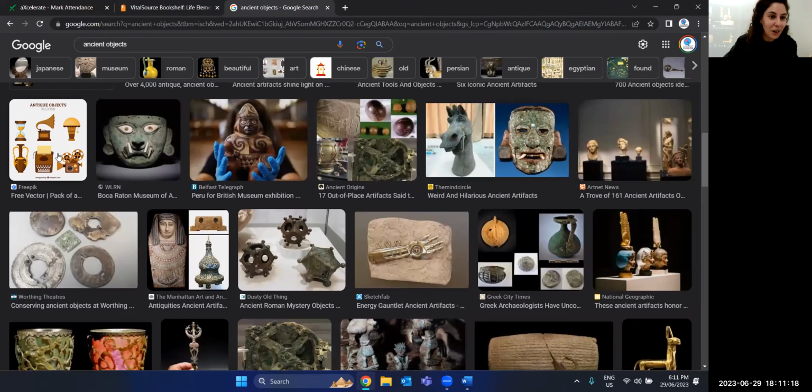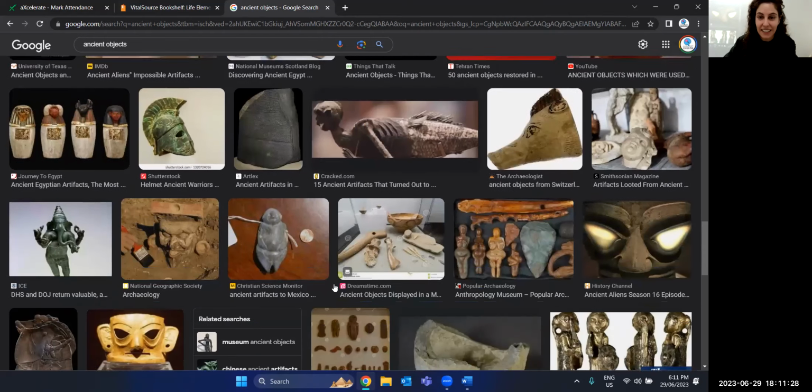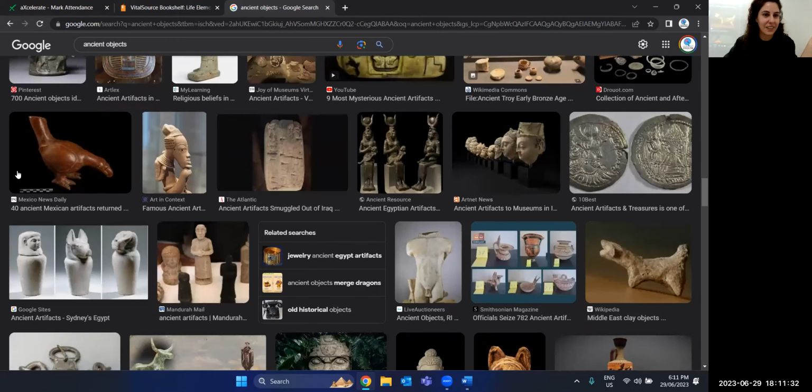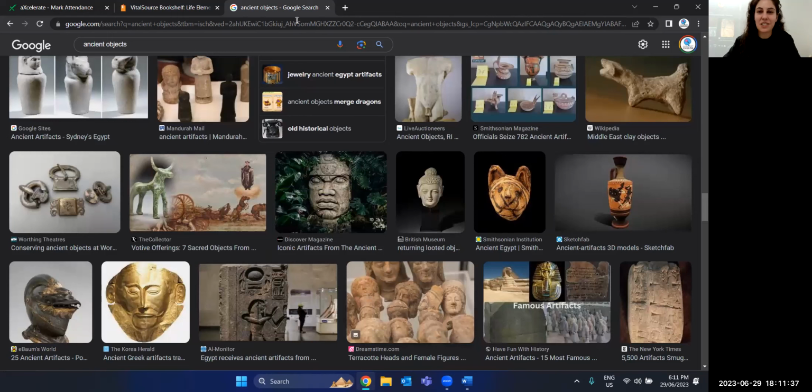Maybe they played music with it, or used it to tell the time. There are amazing Egyptian things, Chinese things, so many objects. So let's go into groups and we'll do a presentation about it.